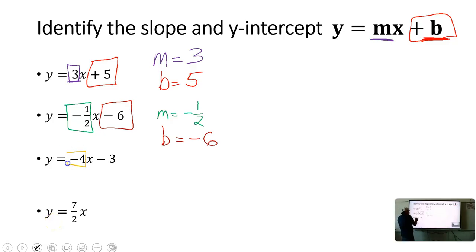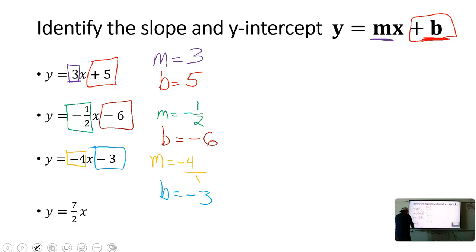What's sitting in front of the x? It's a negative 4. So my slope is down 4, right 1, because negative 4 is the same thing as negative 4 over 1. What is the y-intercept? The number right here at the end will tell me where I should be crossing the y-axis.